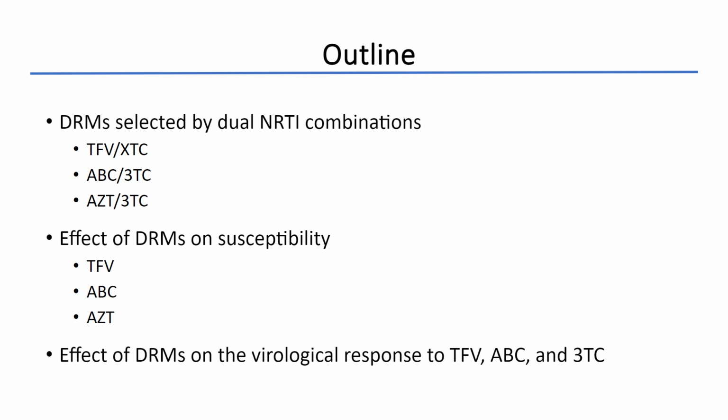Then I'll review the effect of different drug resistance mutations and drug resistance mutation combinations on susceptibility to tenofovir, abacavir, and AZT. Finally, I'll review the clinical significance of different drug resistance mutations, specifically how they influence the virological response to different NRTI combinations.